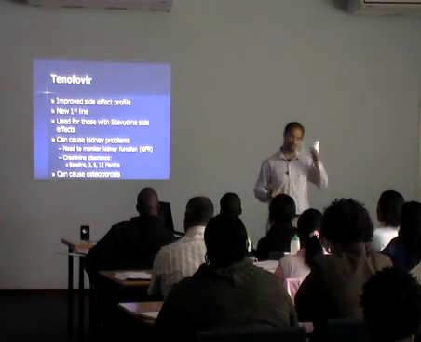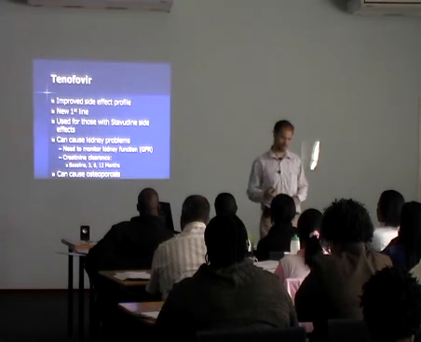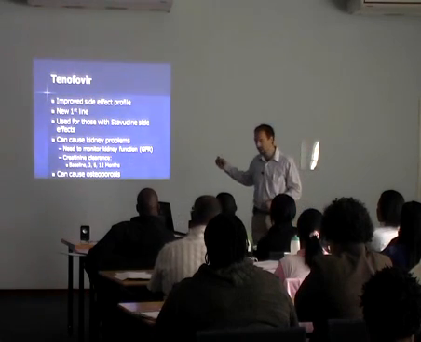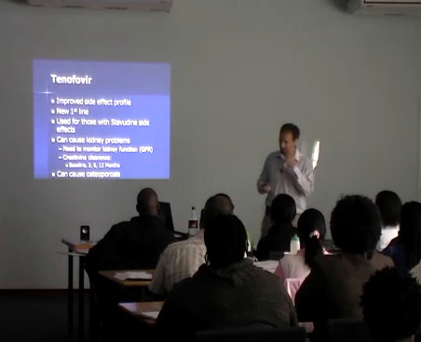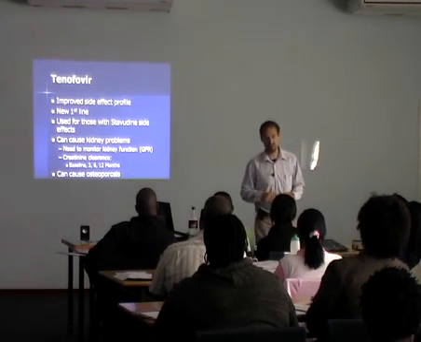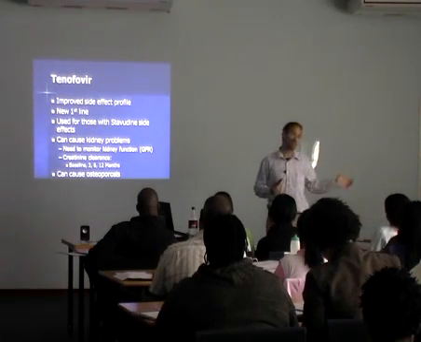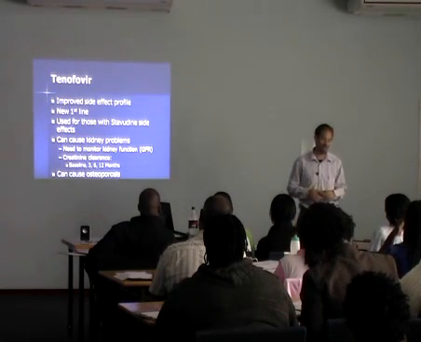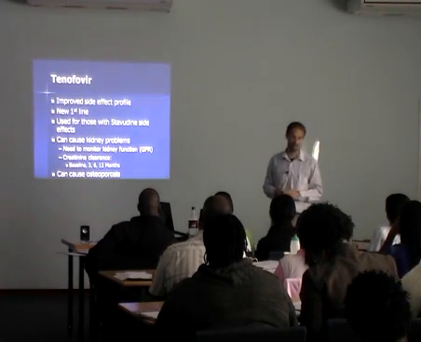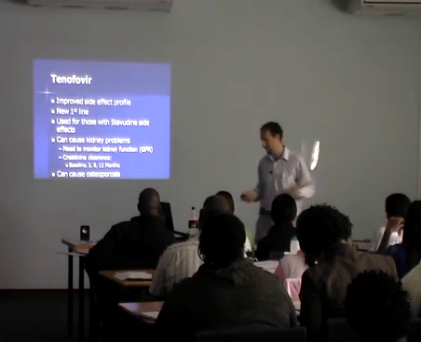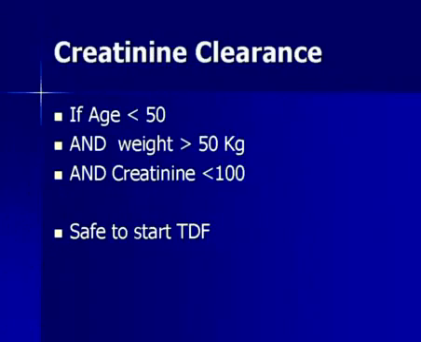Because we're not sure about how that's going to affect the children. So in most children, I believe tenofovir is only licensed for children over 18, but there are studies in using it in children over 15 that shows it doesn't really have much adverse effects. It's basically the same as adults.